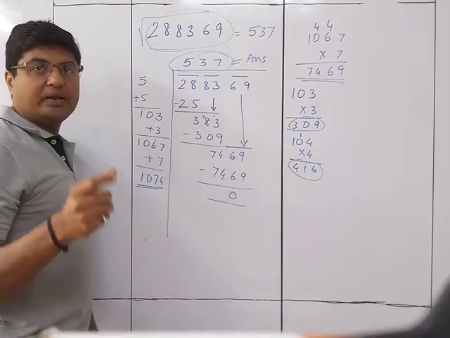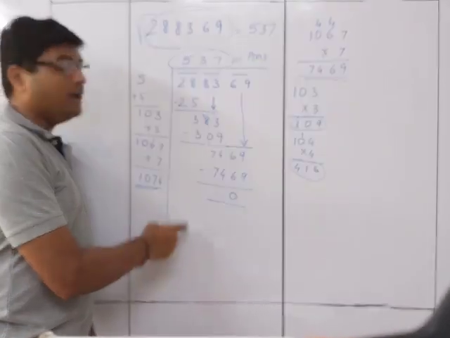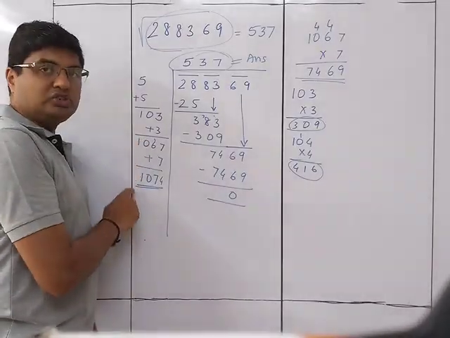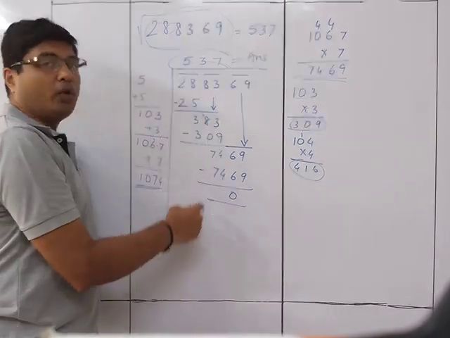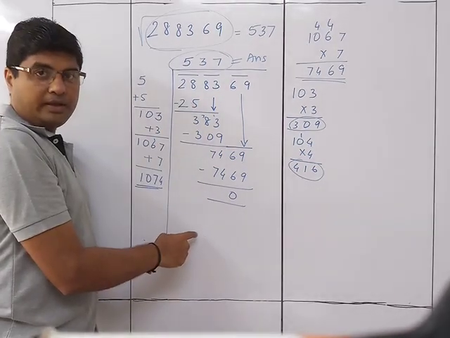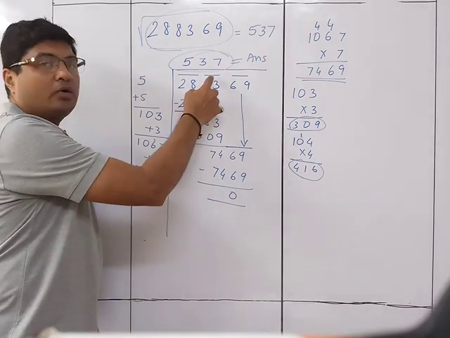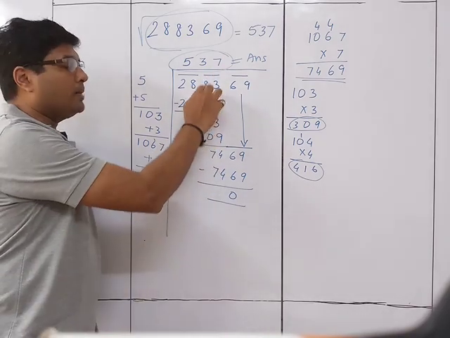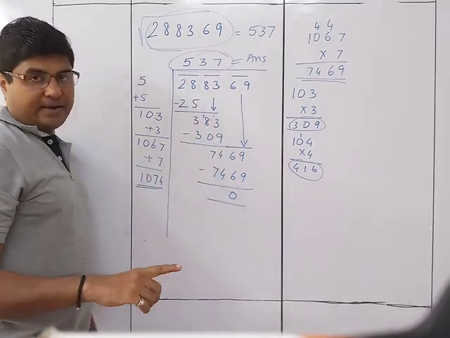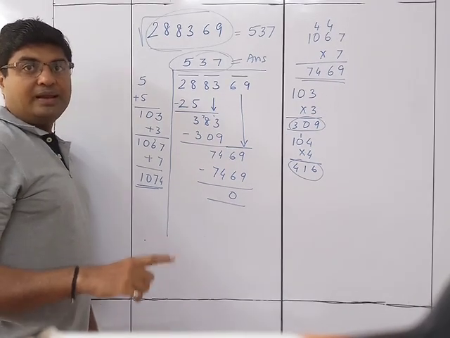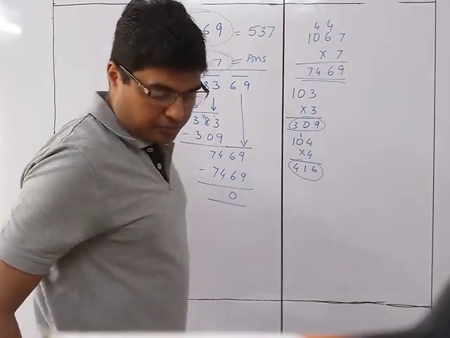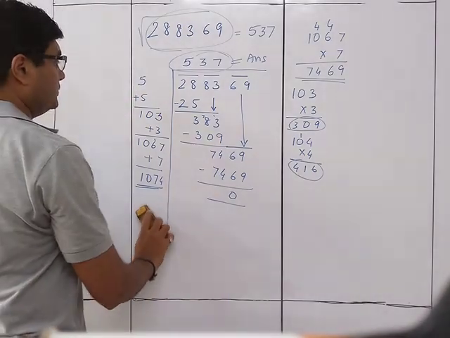The difference between normal division and this division is that my divisor keeps on changing as I keep on dividing, plus I am not taking down only one but two numbers down. That's why we made it in pairs. Let me give you one more example so that it is much clearer to you how to do this.